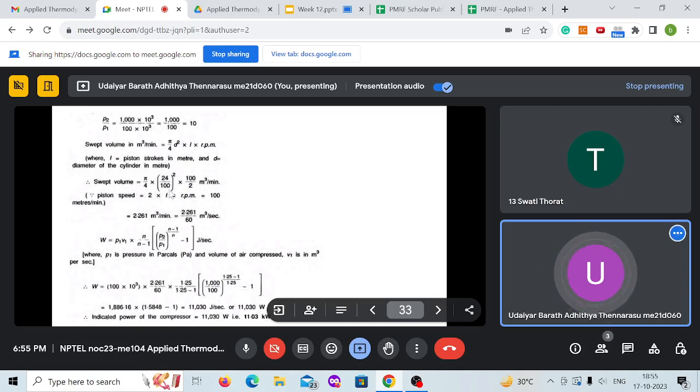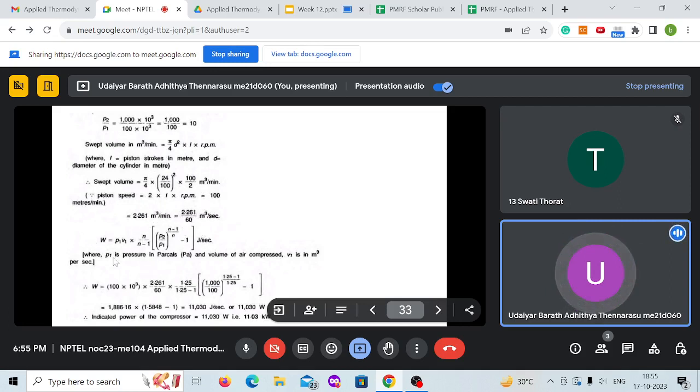Swept volume is stroke length into speed of rotation. So 2 into L into N will be equal to piston speed. So we can directly substitute L into N by 100 by 2. Substituting that, we find the swept volume, which comes out to be 2.261 meter cube per minute.